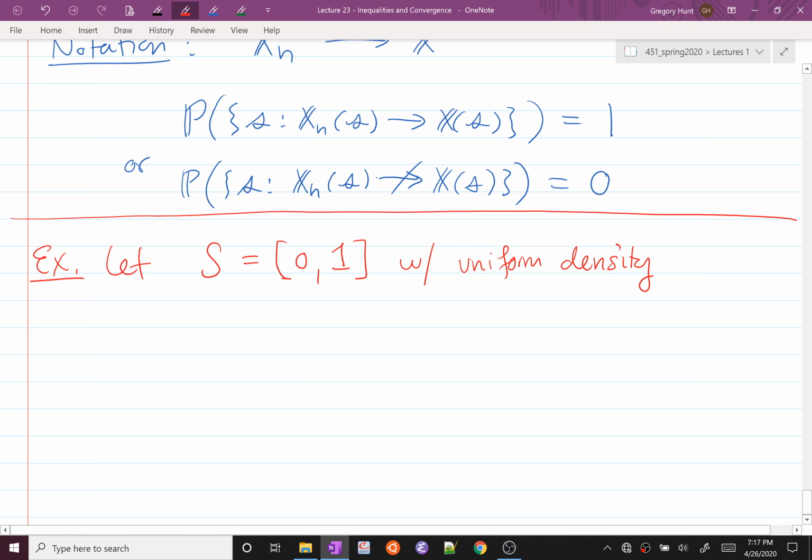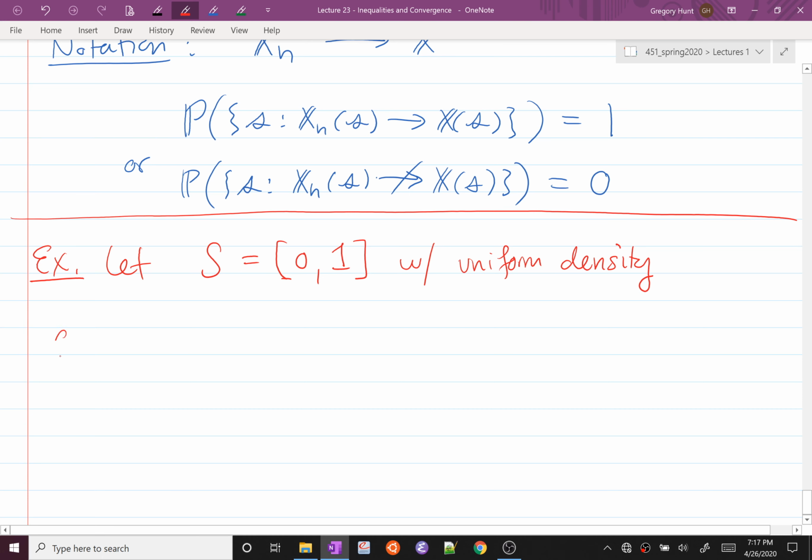That is, we're imagining that the probability of being in a subset of S is proportional to the size of that set in some way. Basically a uniform 0, 1 random variable.